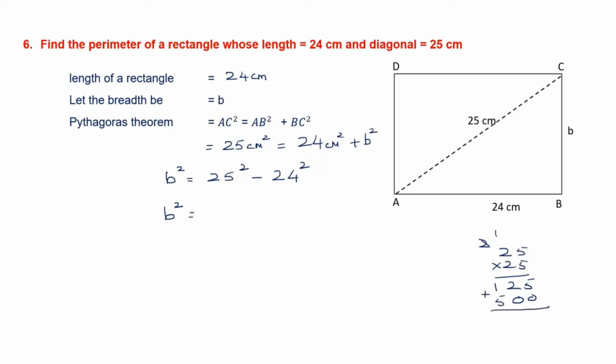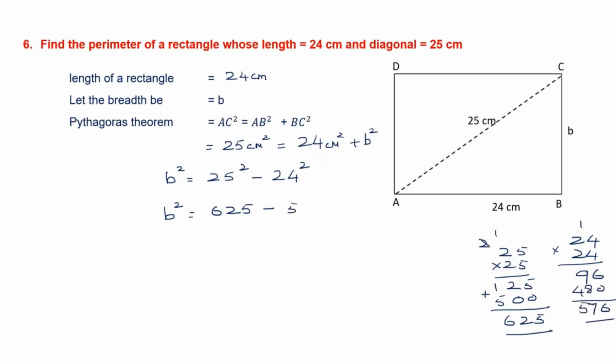So here we have 625 minus 24 square. 24 into 24. So that is 4 4s are 16, carry 1. 4 2s are 8 plus 1, 9. Then 2 4s are 8, 2 2s are 4. So we get 576.